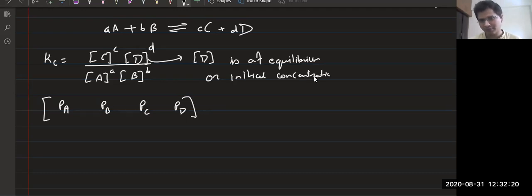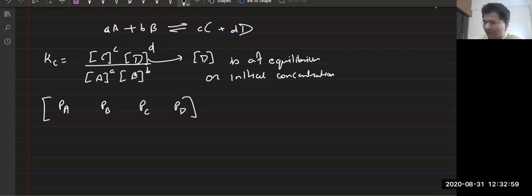Yes, exactly. We are taking the equilibrium concentration. This is one thing you should remember: when you talk about Kc, it is the equilibrium constant, so the concentration is also at equilibrium. The active mass that we take should be at equilibrium.